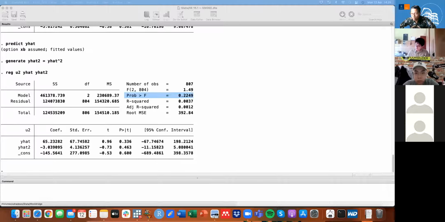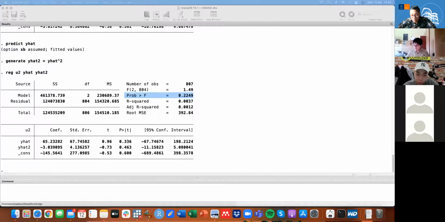In this case, it's 0.2249. So we do not reject the null hypothesis, and given the data, we can identify there is no heteroskedasticity, or it's actually homoscedasticity.